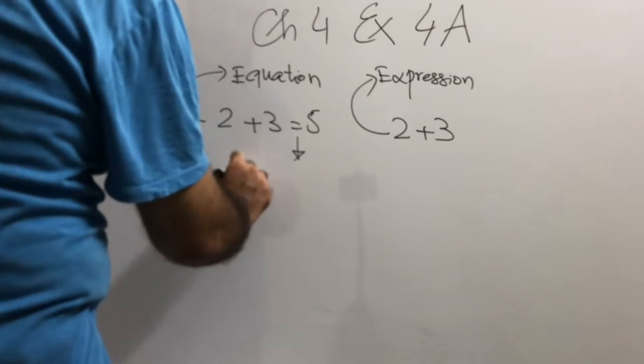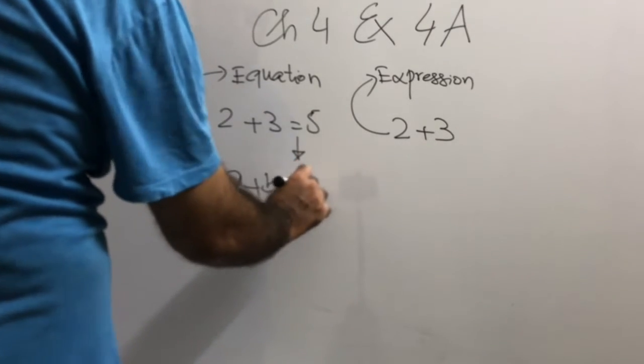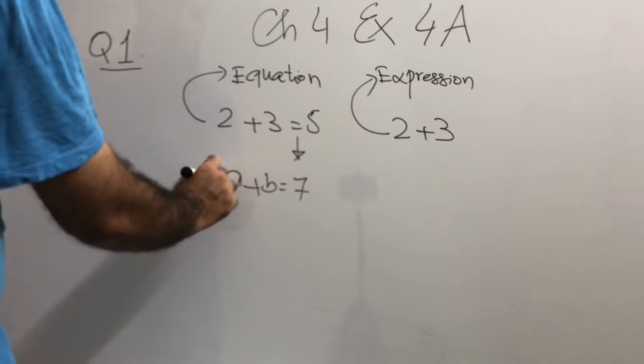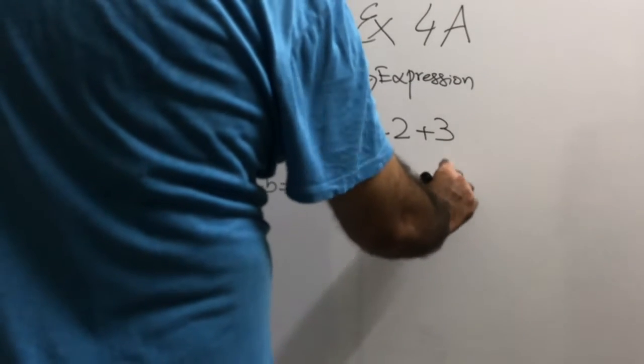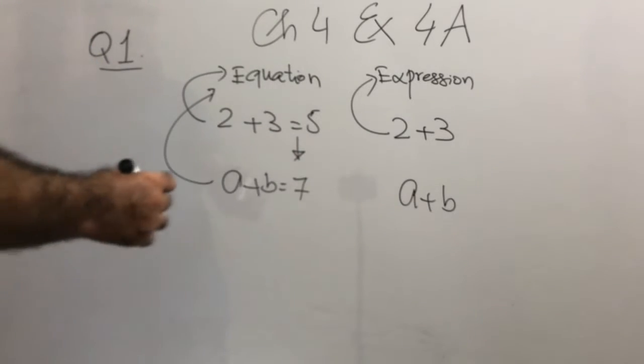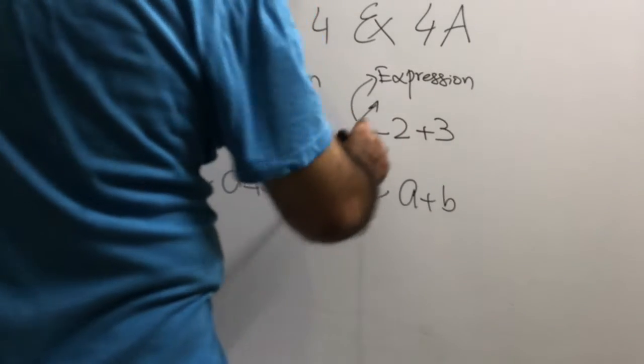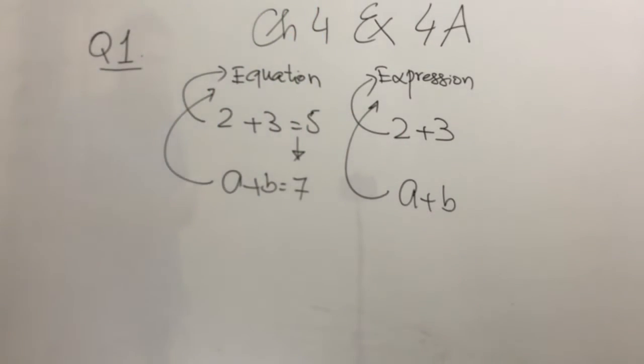If I say a plus b is equal to 7, the equal sign is there, so this is again an equation. If I say a plus b, there is no equal sign here, so it is an expression. Please keep in mind the difference between equation and expression.